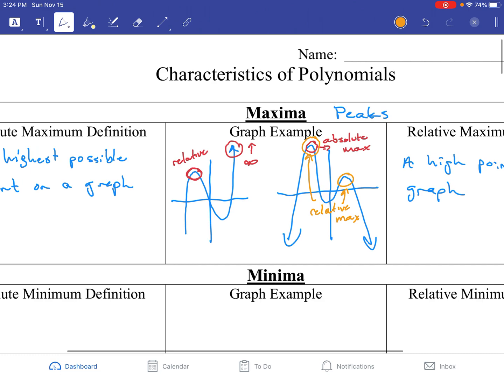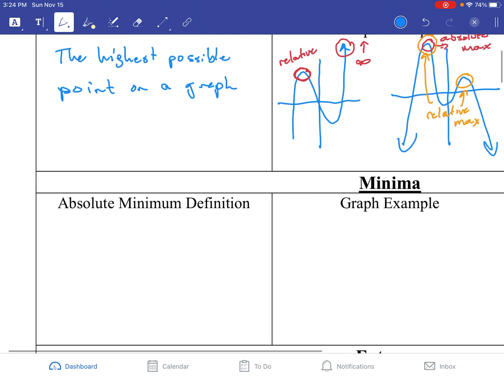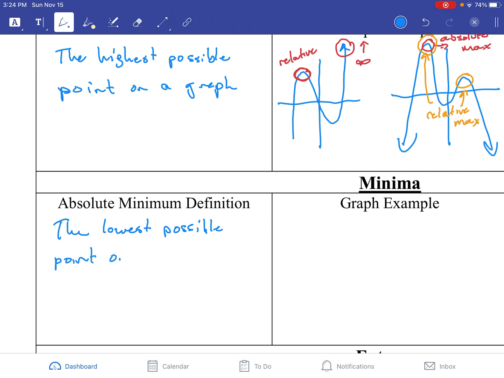All right, now let's go to minimums. Change my color here. All right, absolute minimum is the lowest possible point on a graph. Okay, so there's nothing lower than that.